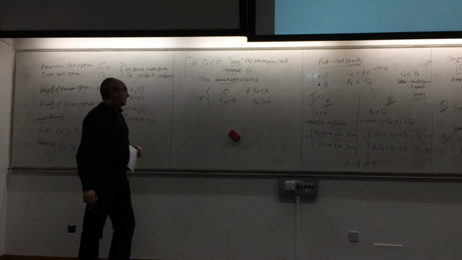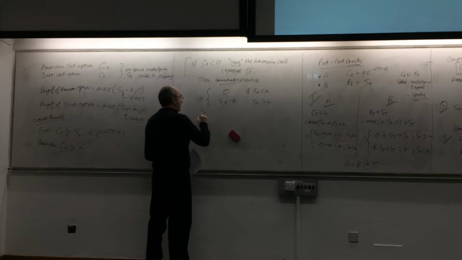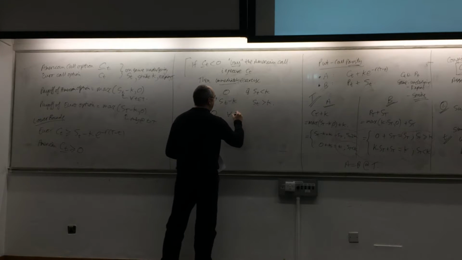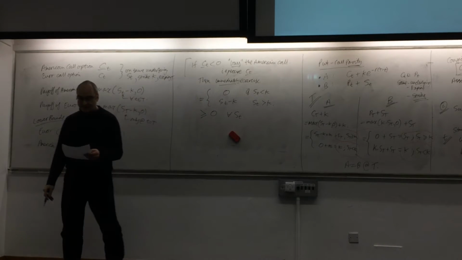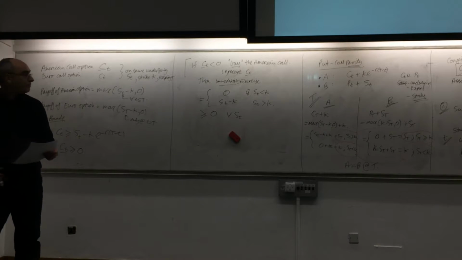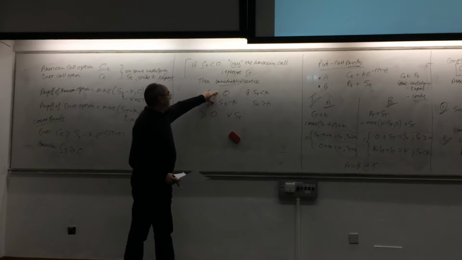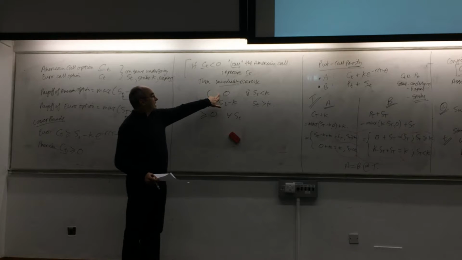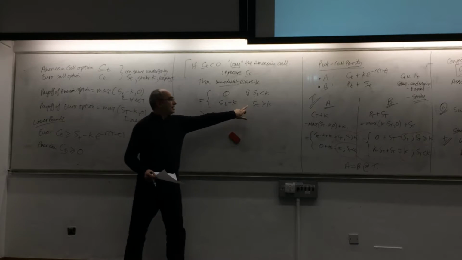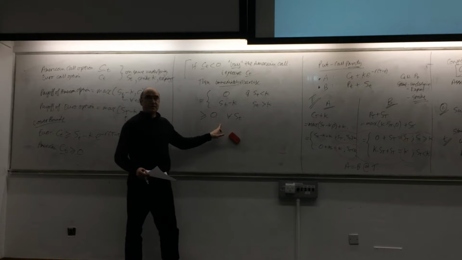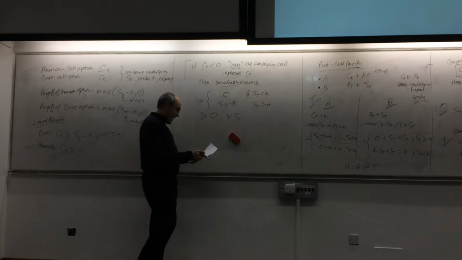But that then is clearly greater than or equal to 0 for all ST, because here it's 0 and here it's ST minus K when ST is greater than K. So it's going to be positive.